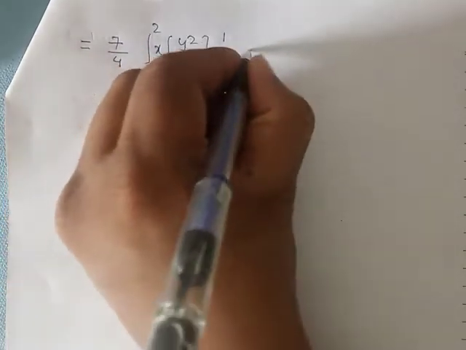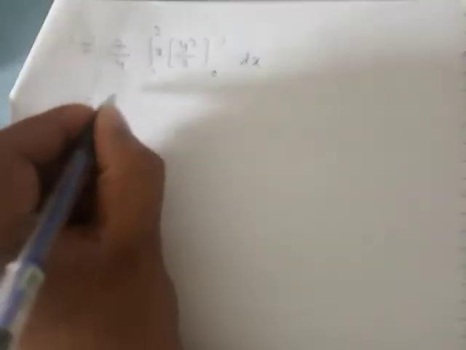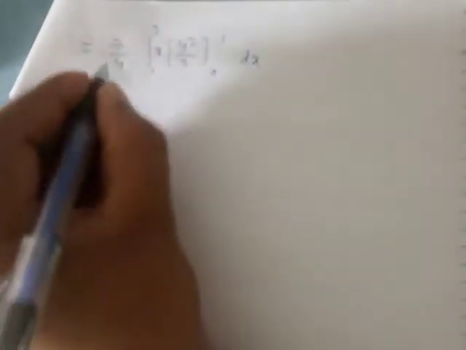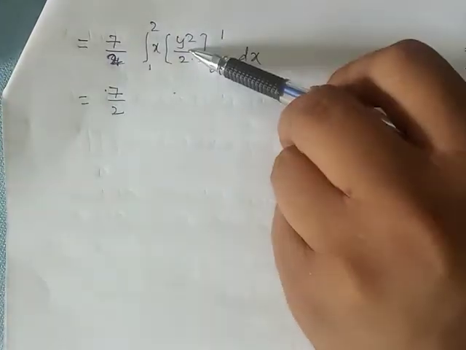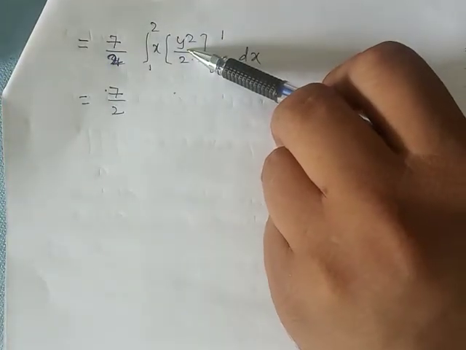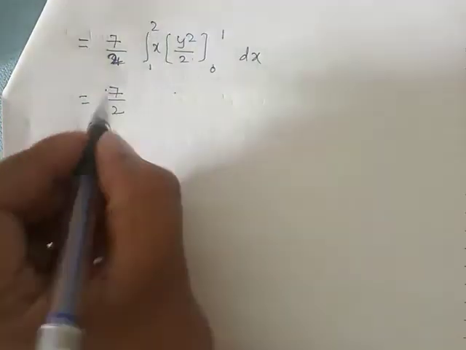Substituting y equal to 1 and then y equal to 0, we get 1 by 2.